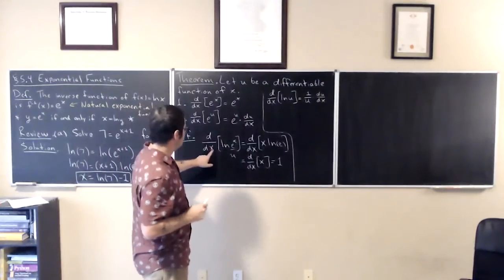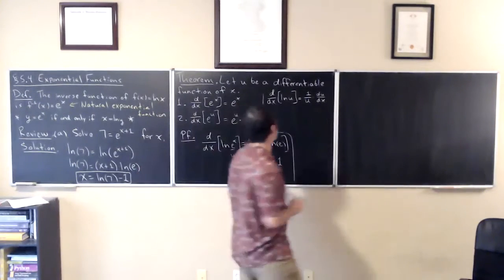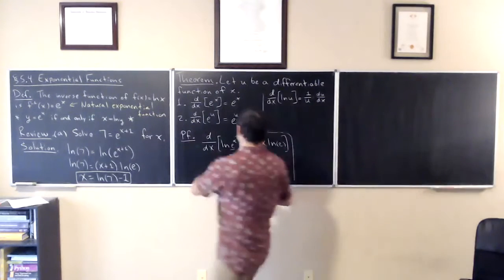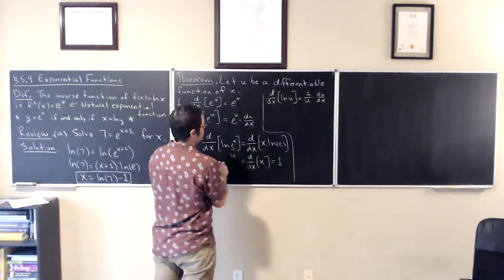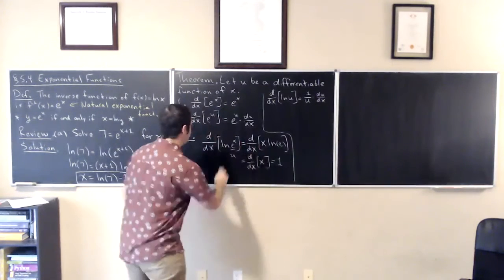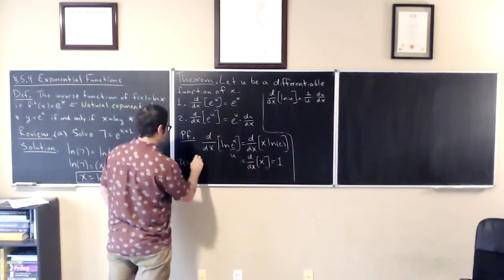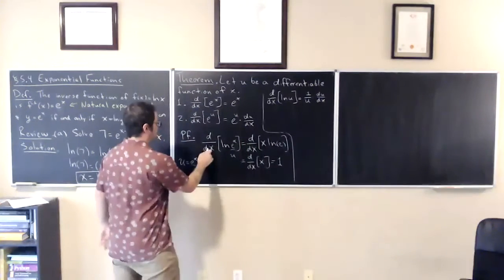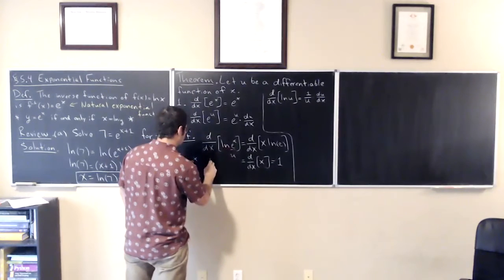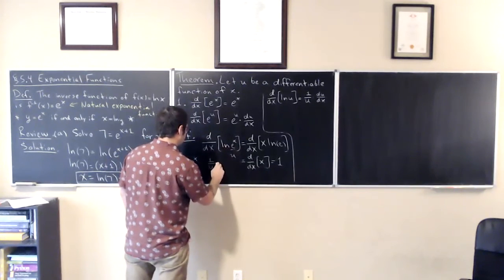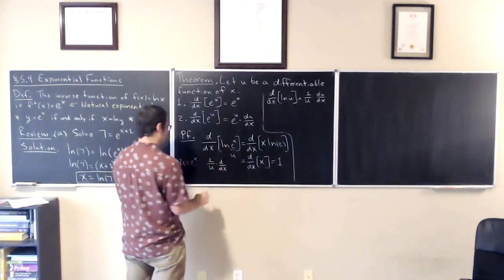So this is like d dx of ln of u, and we know that's equal to 1. So this side is equal to, all right, what is u? u is equal to e to the power x. So d dx of ln of u is going to be equal to 1 over u times the derivative of this guy.